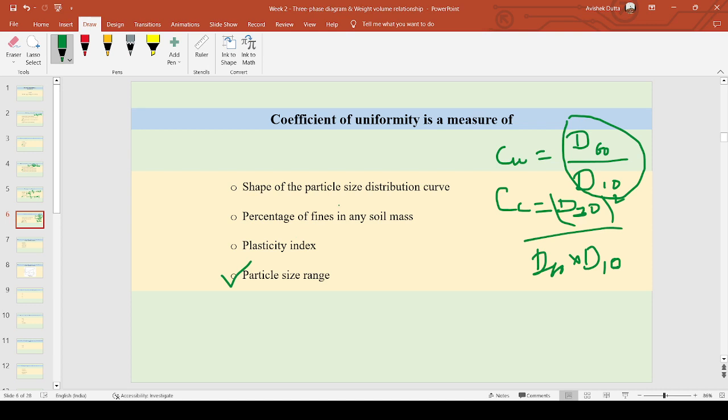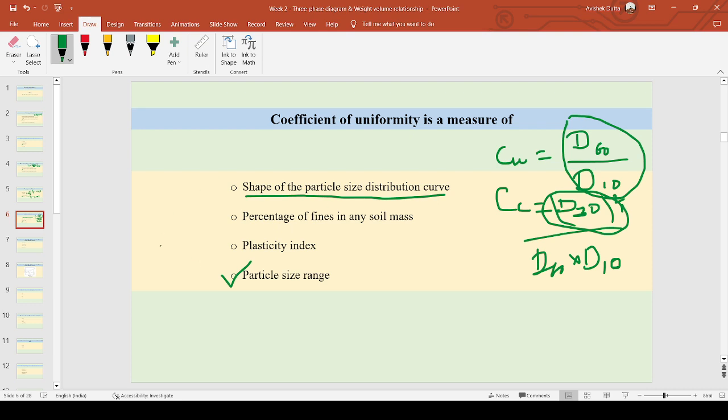Now what is Cc? Cc gives us the shape of the particle size distribution curve. It will be S shaped if well graded, a straight line if uniformly graded, a horizontal line if gap graded. That is given by Cc, because it has one more particle size with it, d30. So it will give a better view of the graph which we plot. But in general the particle size range is given by the coefficient of uniformity, or Cu. I hope it was clear.